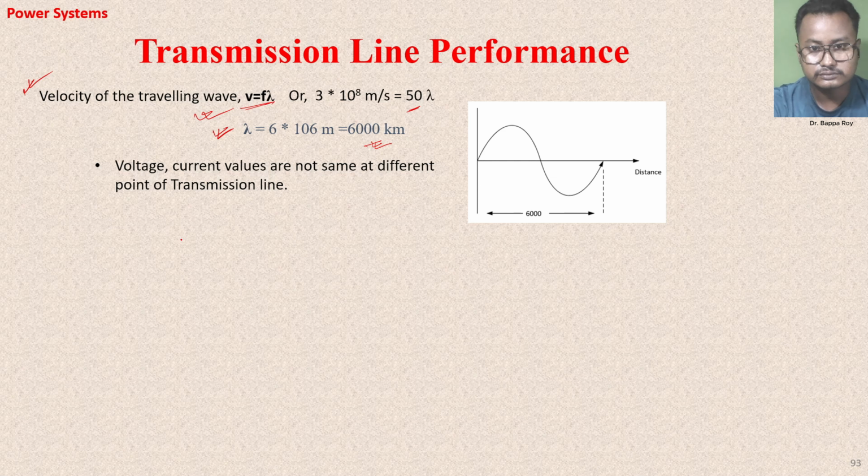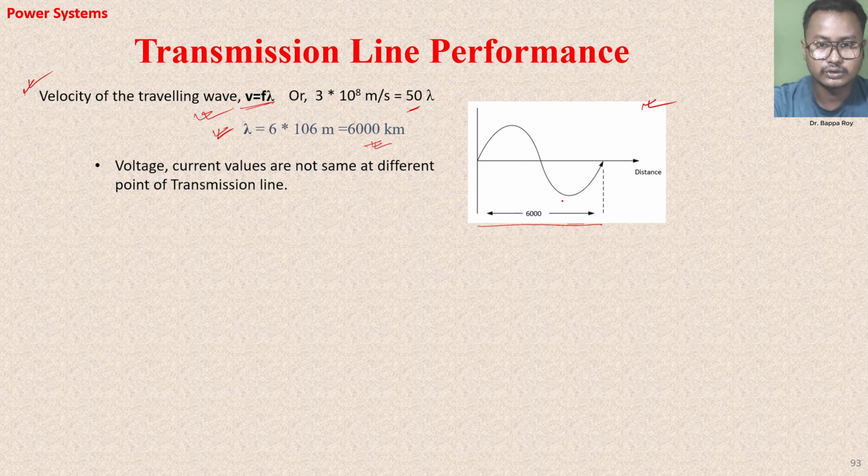You can see this graph. There is one full wave of 6,000 kilometer. This is distance 6,000 kilometer, that is one AC sinusoidal wave.